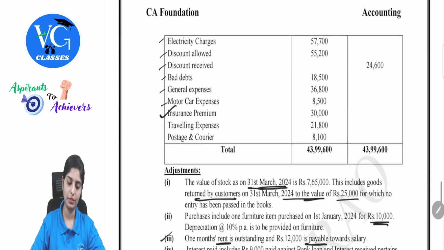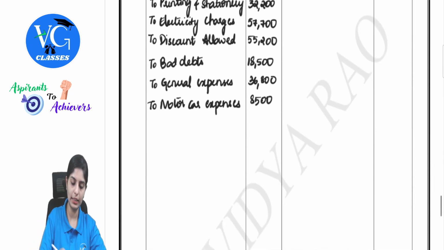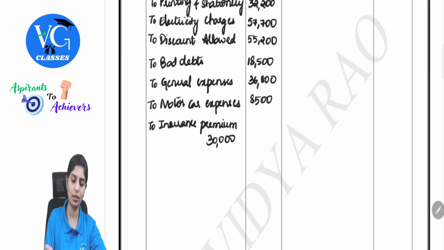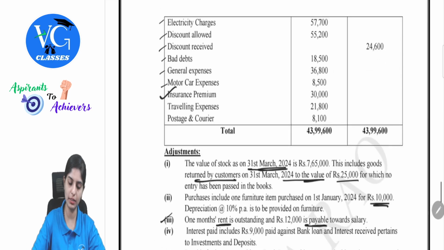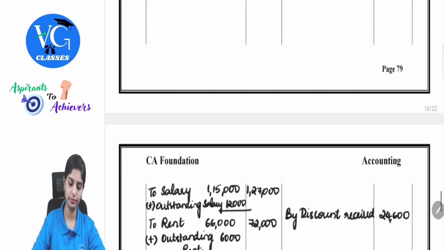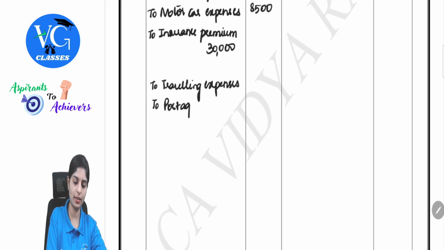Then insurance premium, 30,000. It is your normal indirect expense, but there was an adjustment for it. Insurance premium, I'm writing it in the inner column because there was an adjustment, 30,000. Then to traveling expenses, to postage and courier.